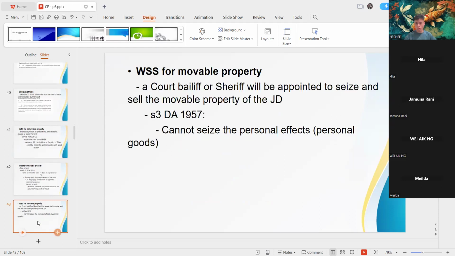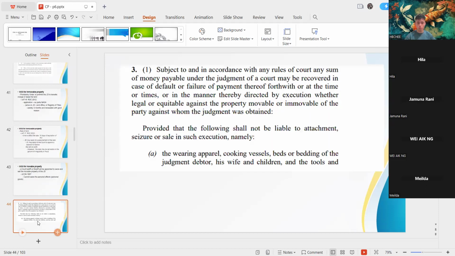Now it comes to movable property. Movable property simply means other than your house, your car. Under the Debtors Act, there are certain things that the court relief cannot seize. These are personal effects, which means your personal goods.